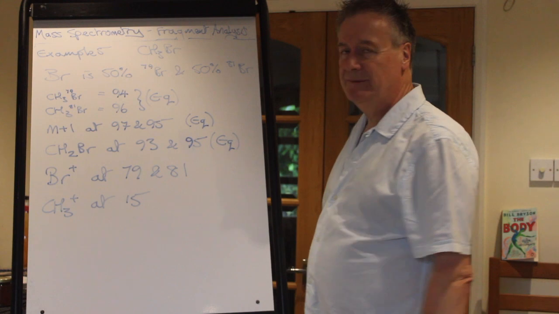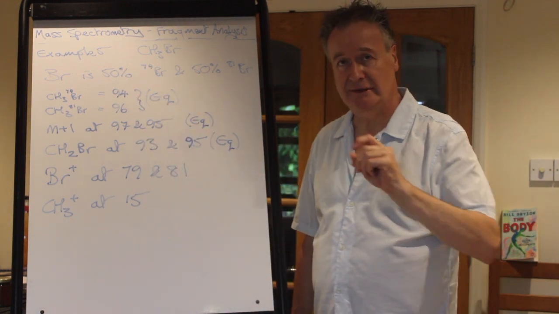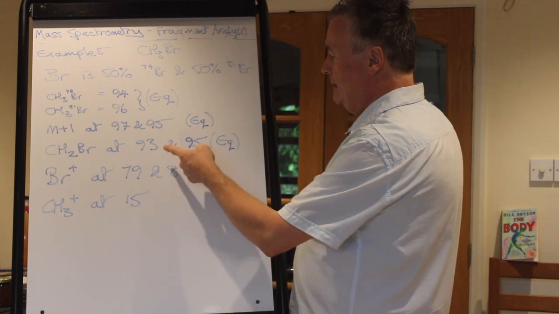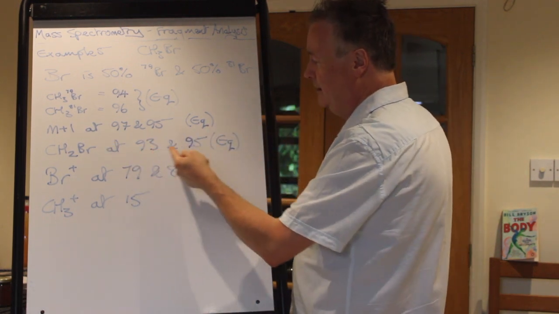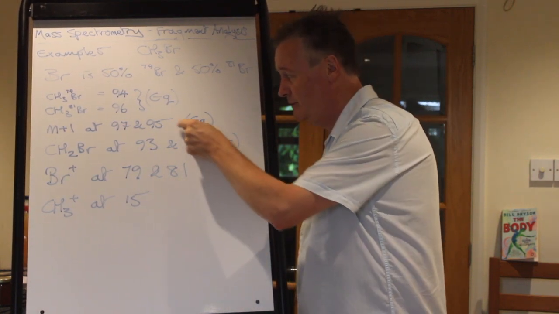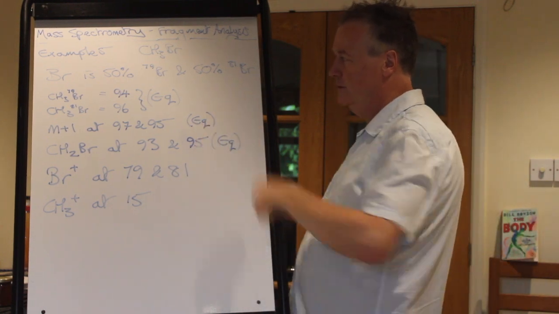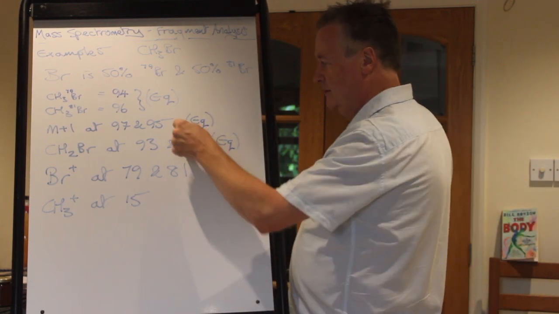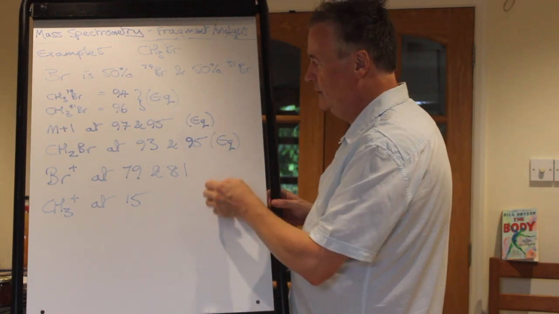There'll be an M+1 peak for each one of those at 95 and 97, really small. Then you can take a hydrogen off and you'll get CH2Br, and that'll be at 93 and 95. And that won't give you an additional peak because the 95s will be the same regardless of what the origin of them is. In fact, that will be so small that it won't make any noticeable difference to the 95.